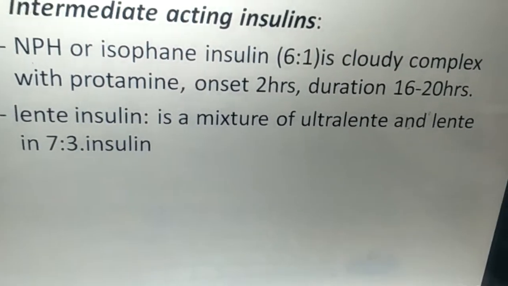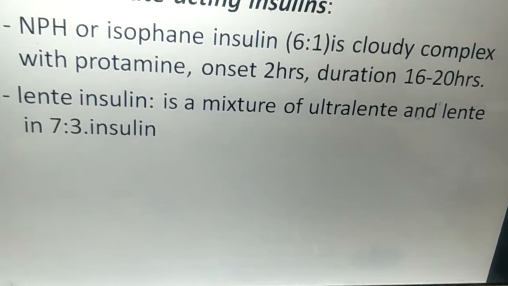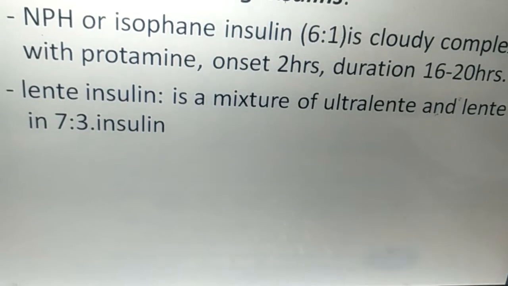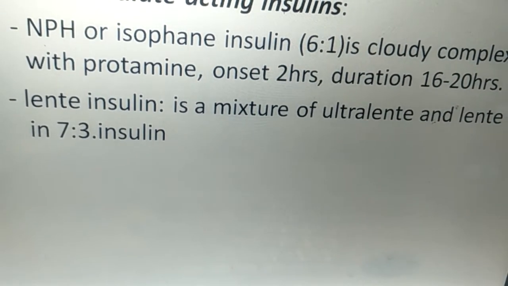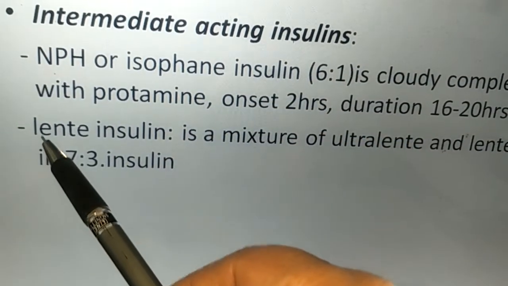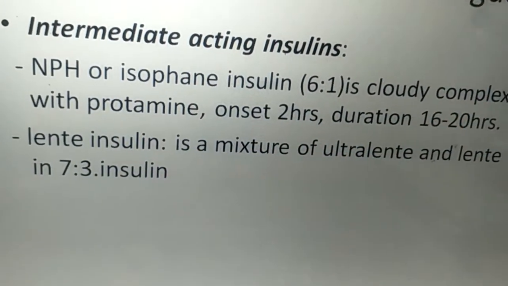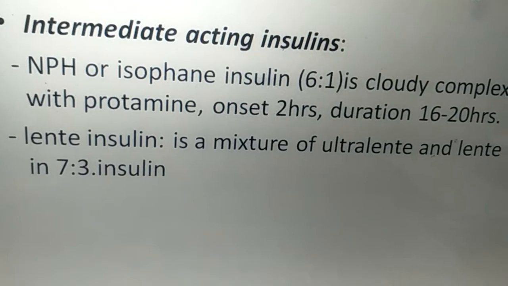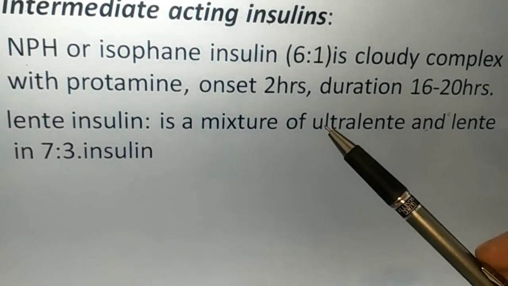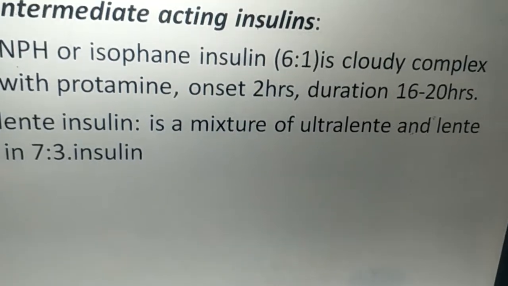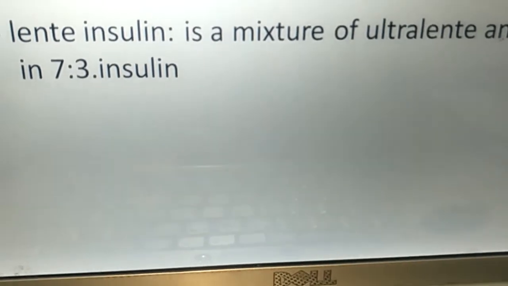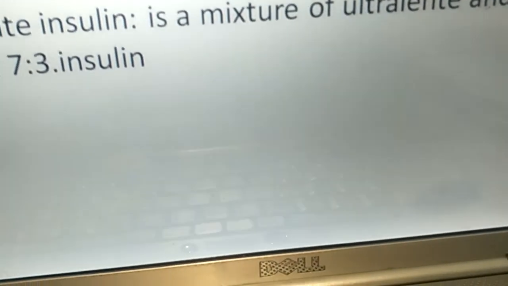Another intermediate acting one is lente. It is a mixture of ultra lente and semi-lente in a ratio of 70:30%. Lente is intermediate acting. Semi-lente was short acting, and ultra lente is long acting. Right? So ultra lente, semi-lente and lente.